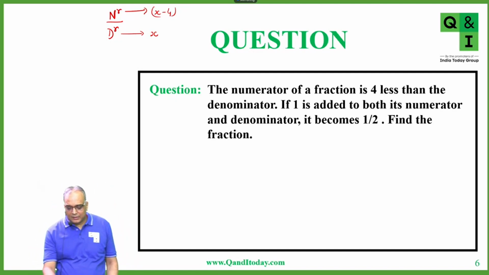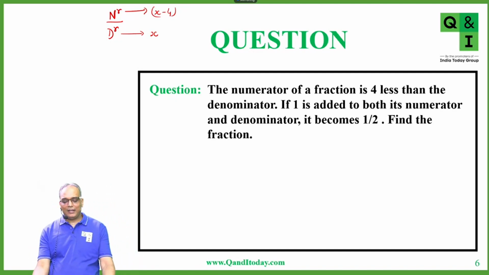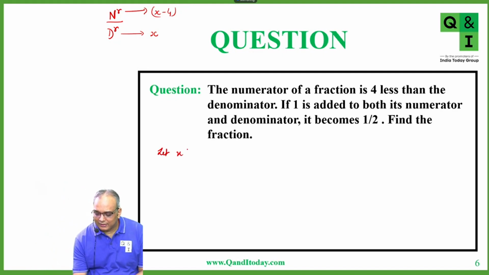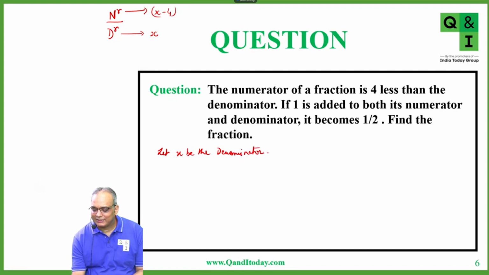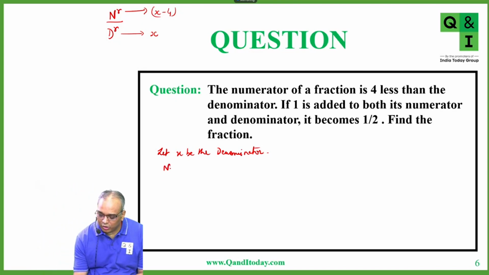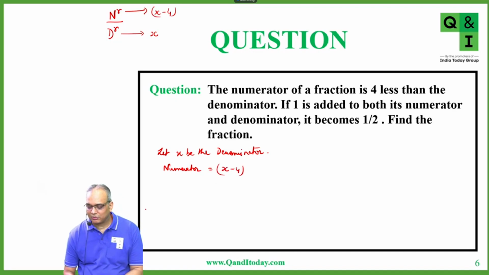So the first step we had done, whatever is given, we have noted it down. Now let us convert it into a mathematical statement. So let x be the denominator. If x is the denominator, the numerator is 4 less than the denominator, x minus 4.